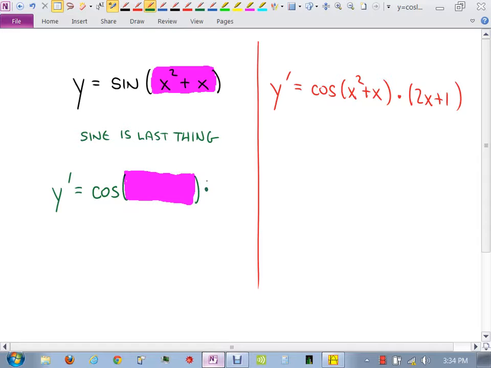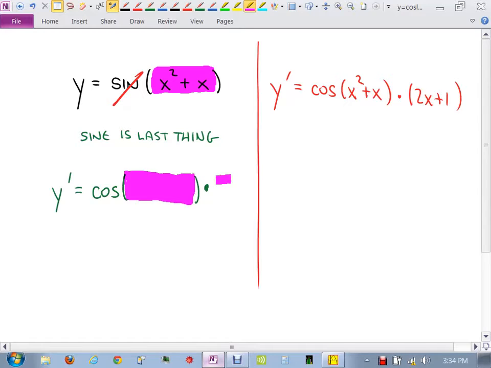Now, I go inside to the next layer of the onion. So I'm done with sine. I multiply now by the next function inside of sine. So imagine now that sine's gone. What was inside of that? The purple, right? What's the derivative of the purple?